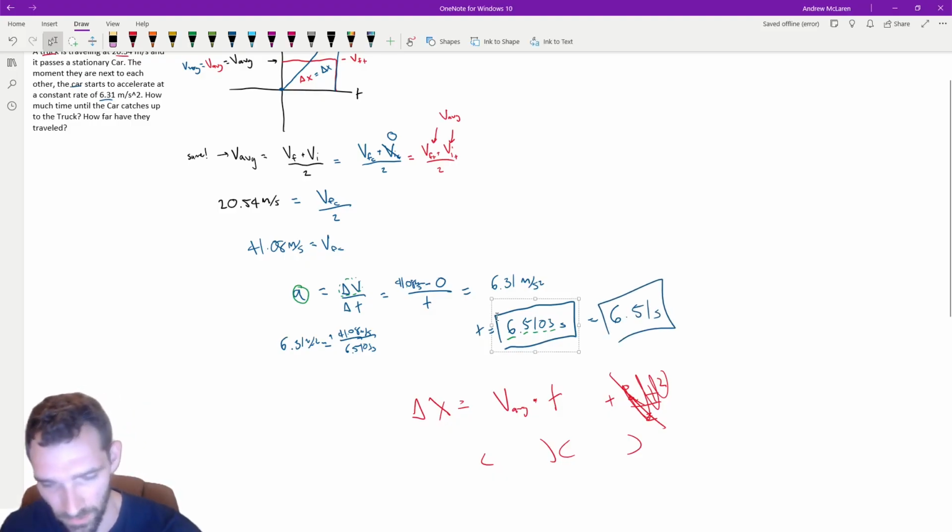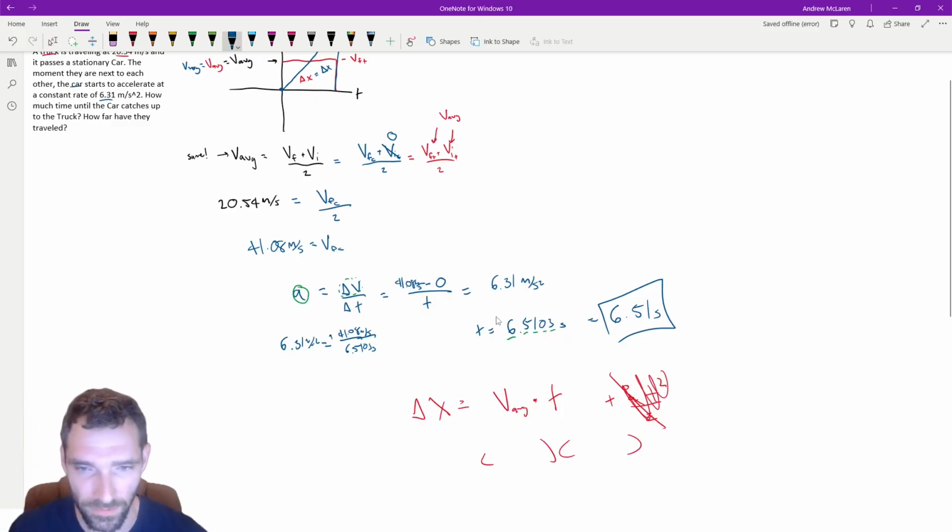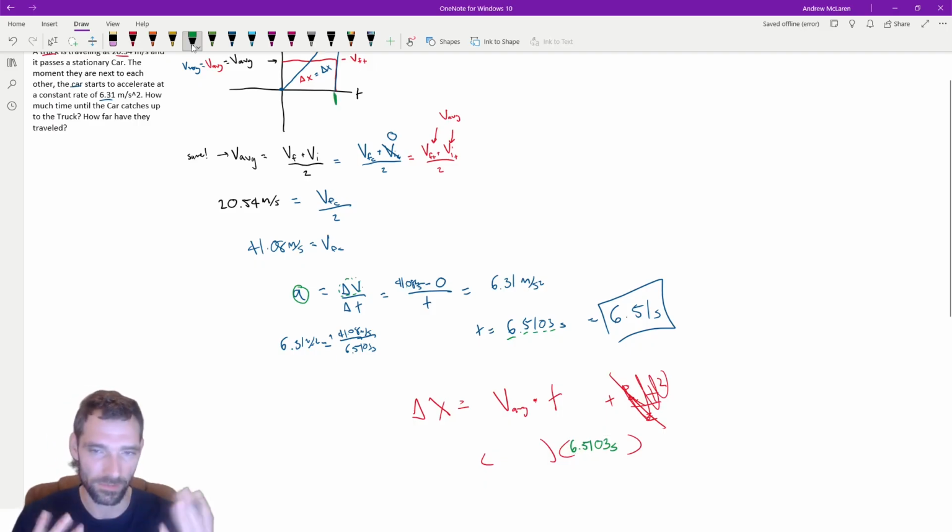So actually I'll go ahead and box the number when it's been rounded. I'm going to use the unrounded number though, because I'm reporting both of these out at the same time. That's just how much time it takes for us to get to this point right here when they've gone the same distance, and we can see that visually.